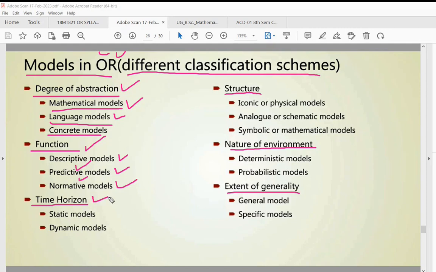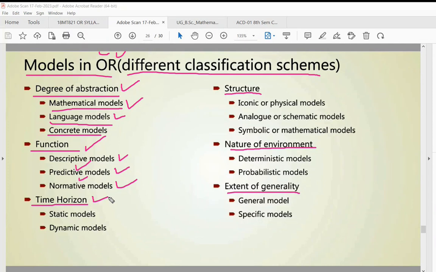Time horizon. Here time is also one of the parameters in all the work we are going to carry out, from the completion point of view. That time might be instant or it might be dynamic. Based on the requirement of the time horizon needed to execute systematically, we can proceed with modeling of the system.